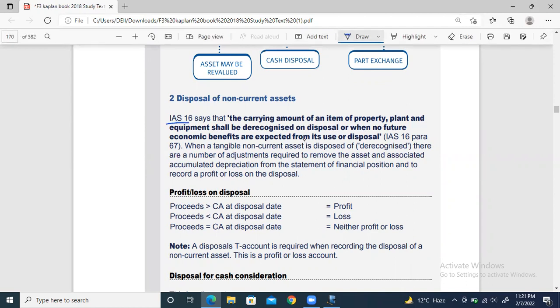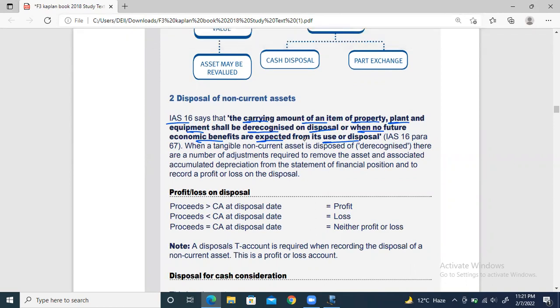IAS 16 says that carrying amount of an item of property, plant, and equipment shall be de-recognized on disposal or when no future economic benefits are expected from its use or disposal. Okay. So disposal means whenever we plan to sell off the asset, we don't need it anymore, right?